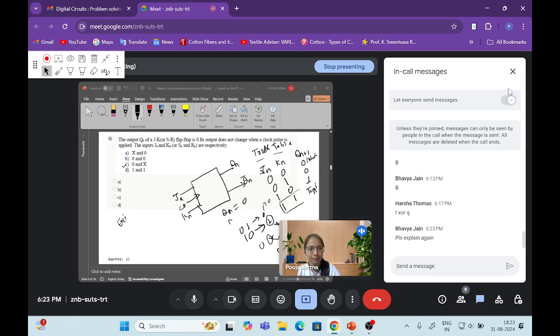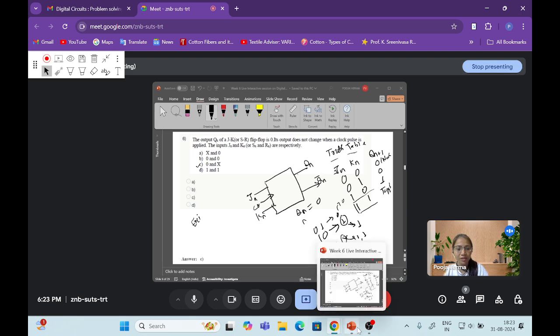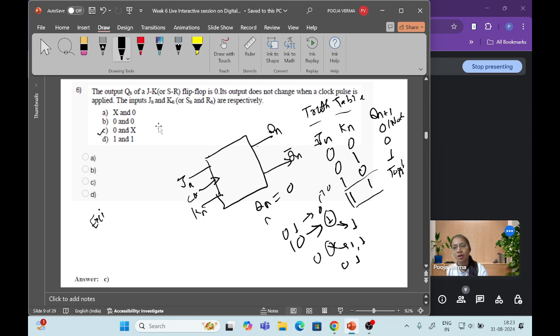In the question they are asking: the output Qn of a JK flip flop is 0, and its output does not change when the clock pulse is applied. The inputs Jn and Kn are respectively, in which case the output will not change? What will be the input condition so that the output will not change?